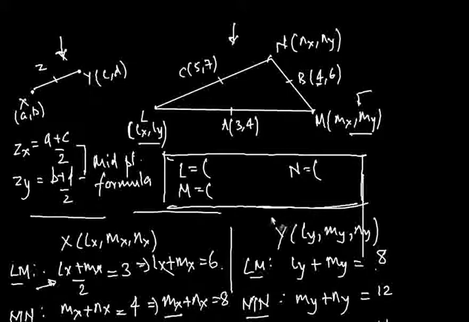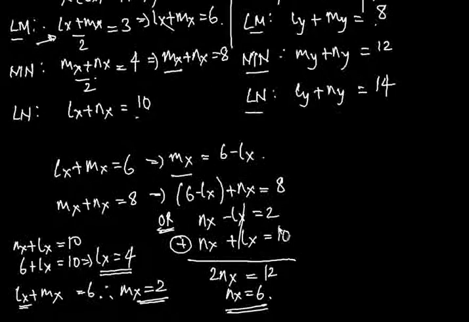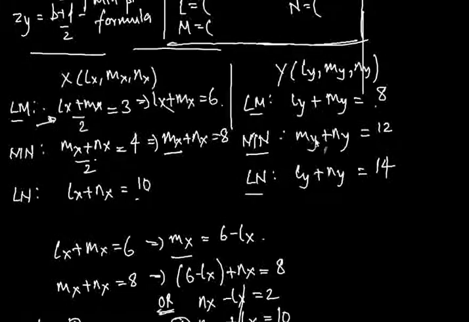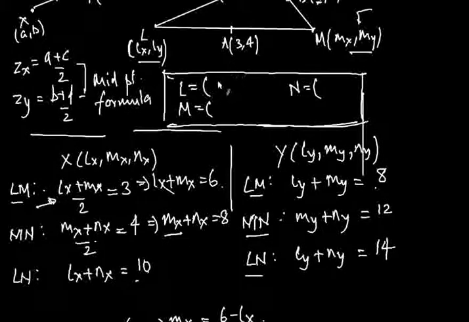So let's at least write down the x coordinates that we found. nx was 6, mx was 2, and lx was 4. So this was 4, this was 2, and this was 6, right? Half the job done. We are halfway there.